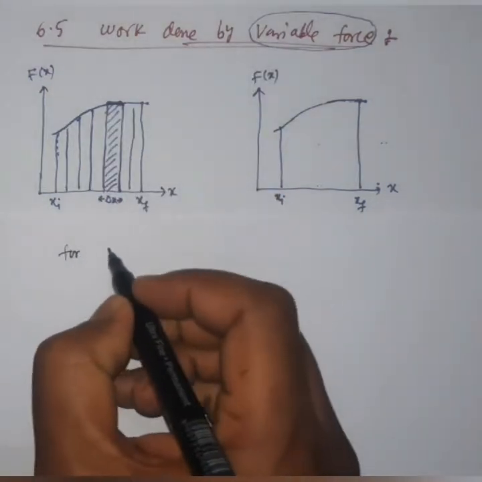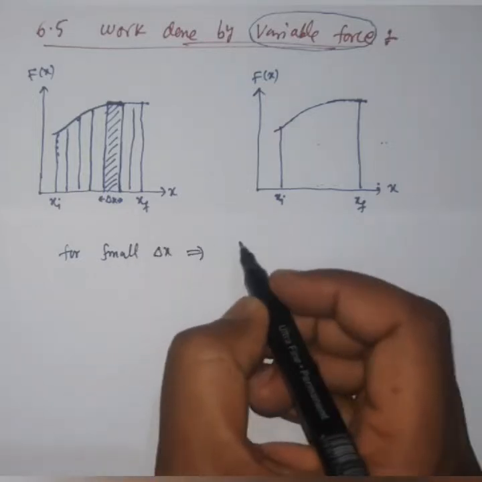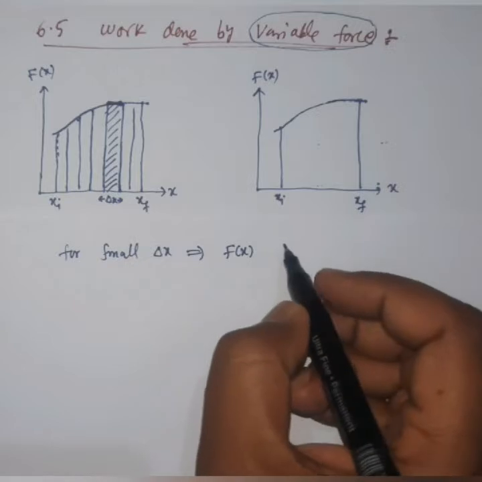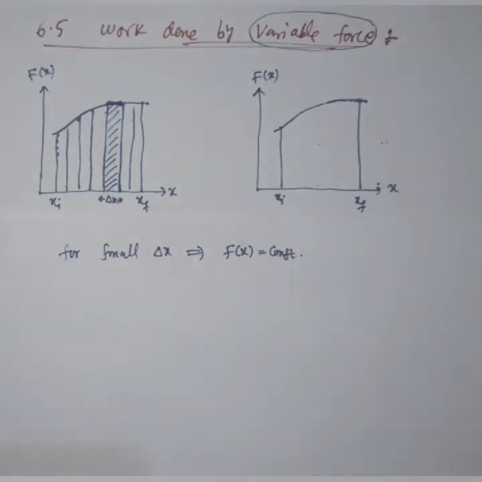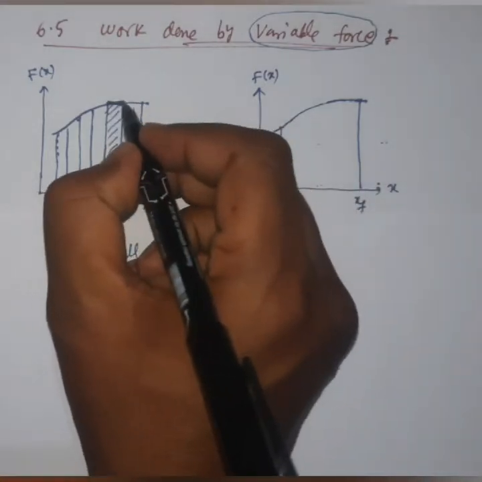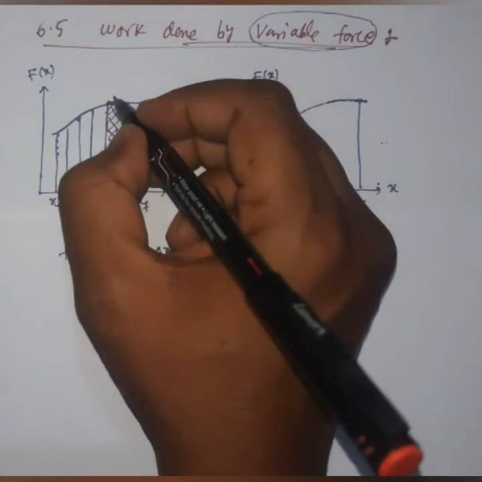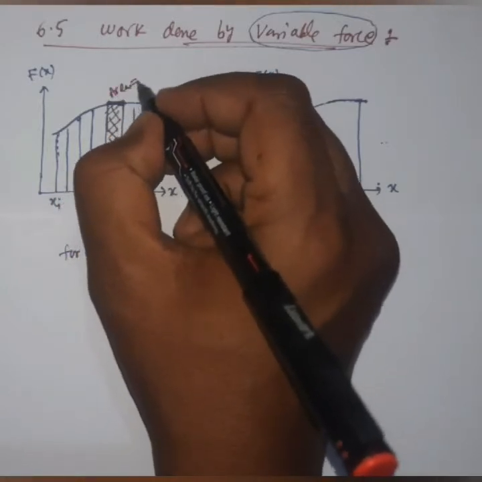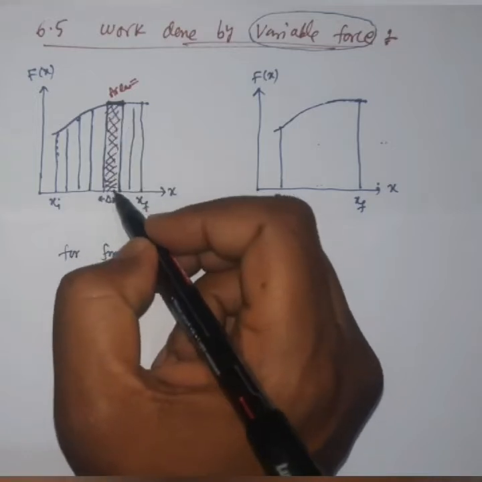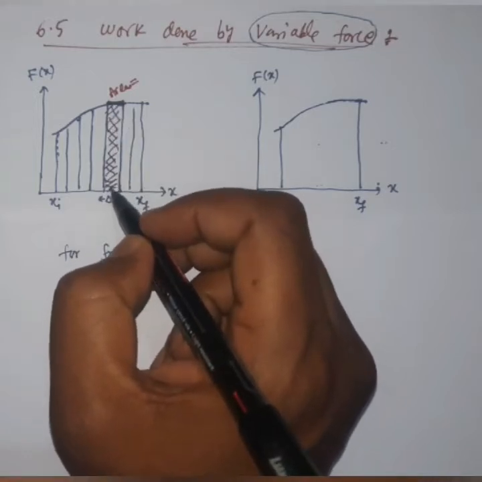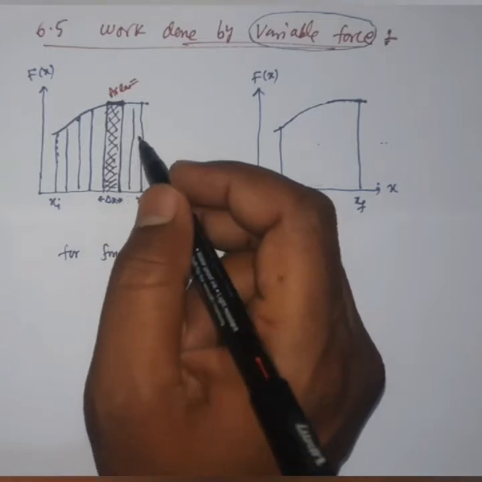For a small displacement, f of x is approximately constant. The area of the strip is like a rectangle shape, and the area of the rectangle gives us work done.